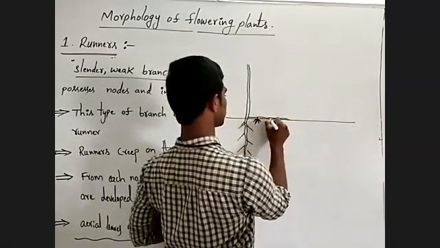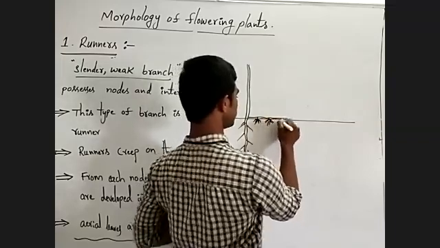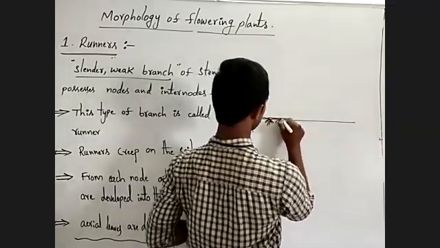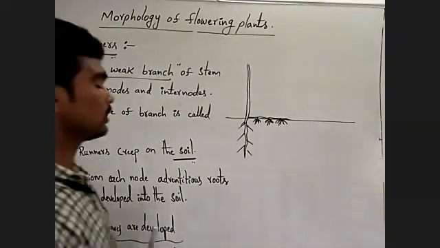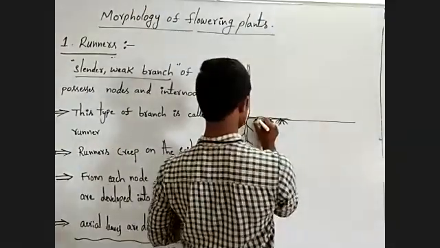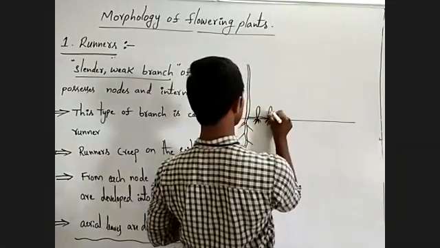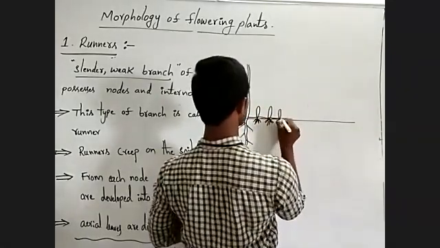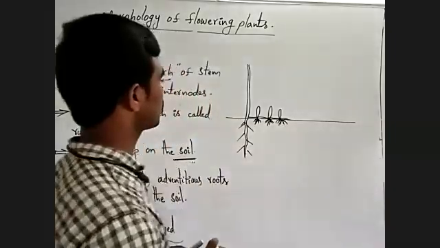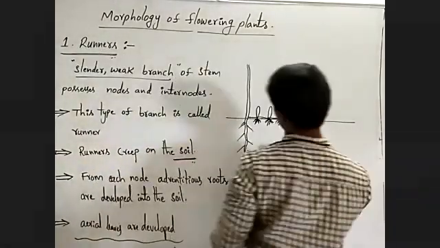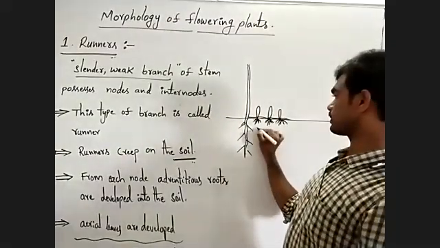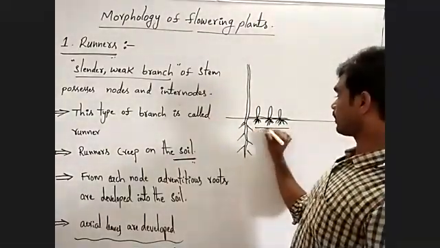From the nodes, adventitious roots are developed. Next, aerial leaves are formed, like this, this type of plants.